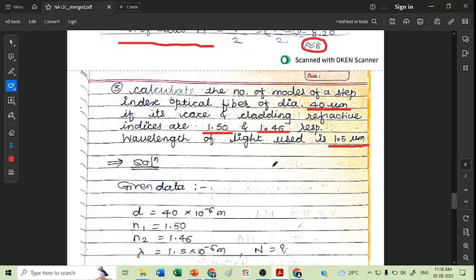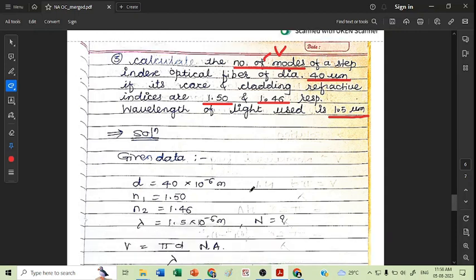Here we have to find the number of modes, that is N. For finding N, we should know the value of V, that is normalized frequency. Given data is diameter, core refractive index, cladding refractive index, and lambda.